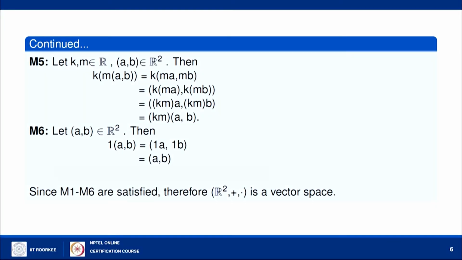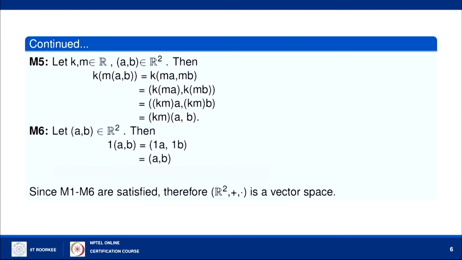Here the unitary property holds. So, here all M1 to M6 are satisfied, and therefore, we can say R2 over the field of real numbers with respect to the operations of addition of vectors and scalar multiplication is a vector space. So, this is an example of R2.